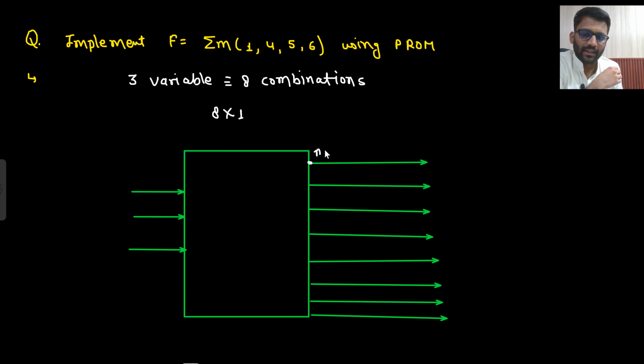If I am calling this M0, this is my M7: 0, 1, 2, 3, 4, 5, 6, 7. What do I need? 0, 1, 2, 4, 5, 6, and 1 I need.